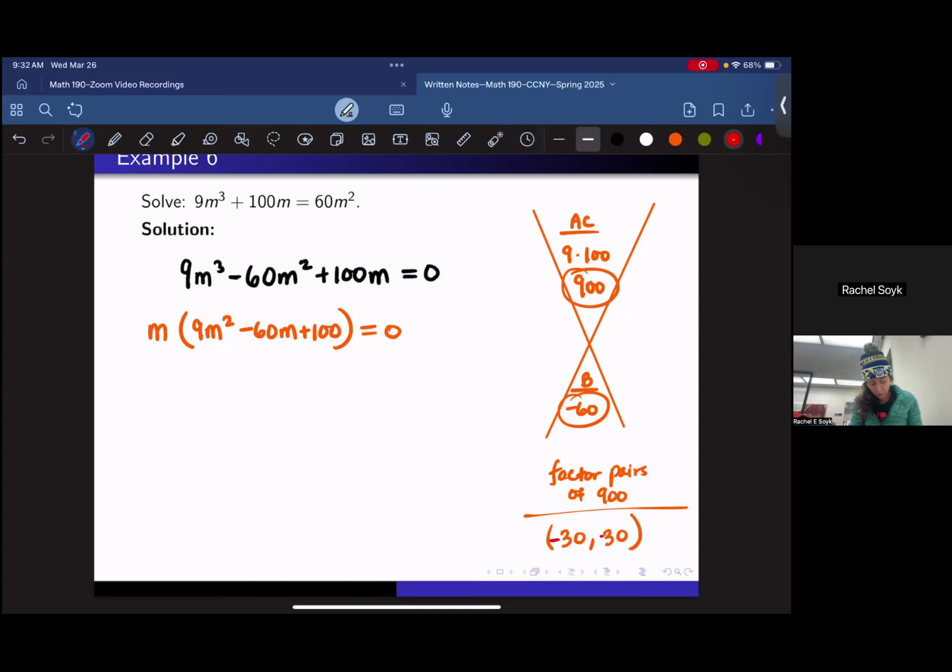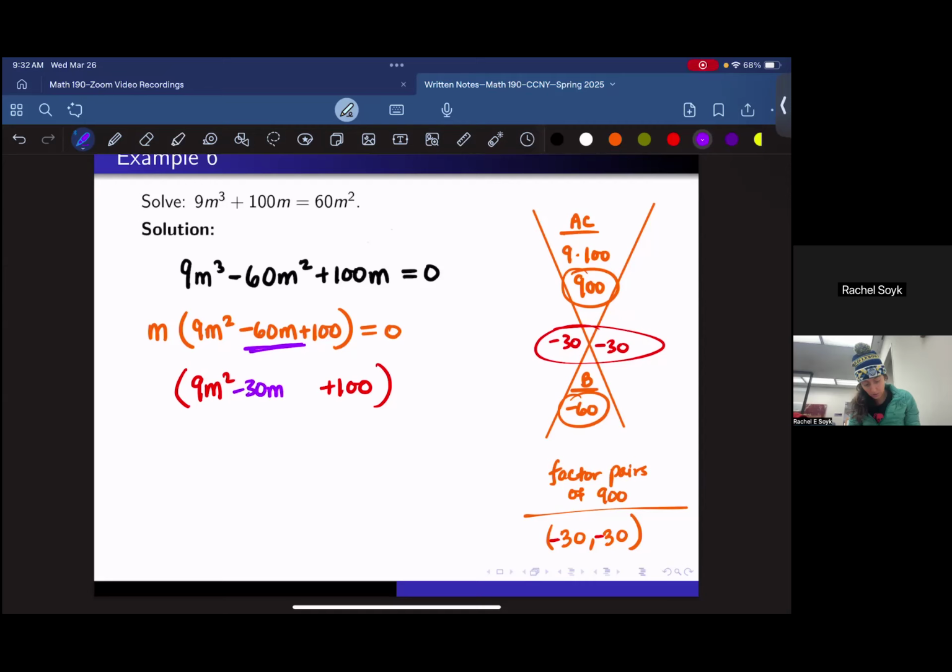We add -30 and -30 to one another, we get our B value, which is -60. All right, so we keep that first term and that last term the same in our trinomial. And then those two middle terms are being manipulated into -30m and another -30m.